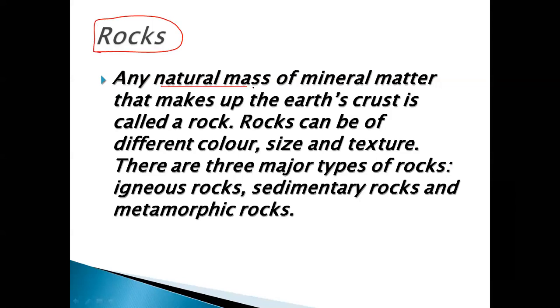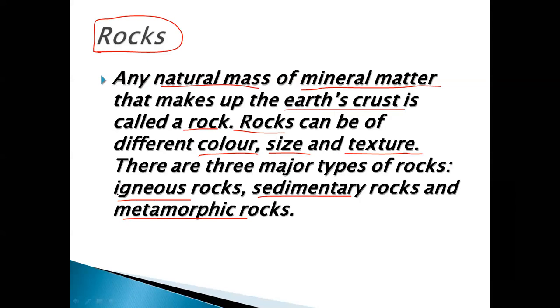Okay, so let's come to the second topic, rocks. Any natural mass which is made up of mineral matter and which makes up Earth's crust is known as rock. Rocks can be of different colors, size, and texture. The three major rocks are igneous, sedimentary, and metamorphic.